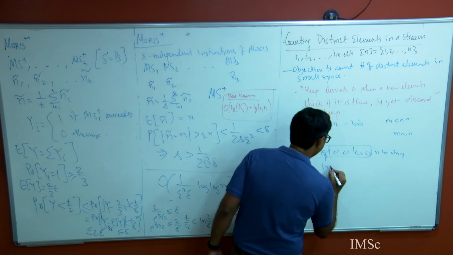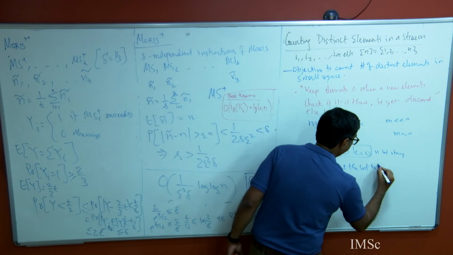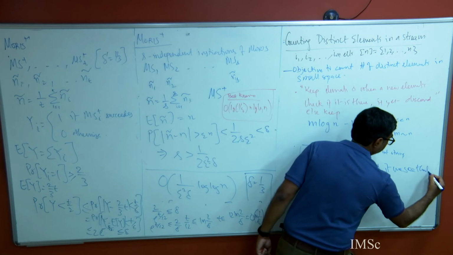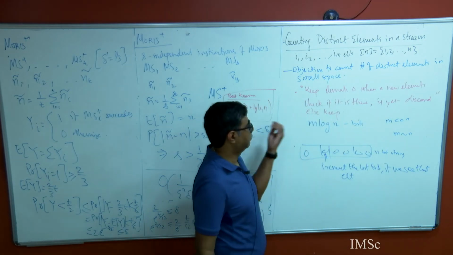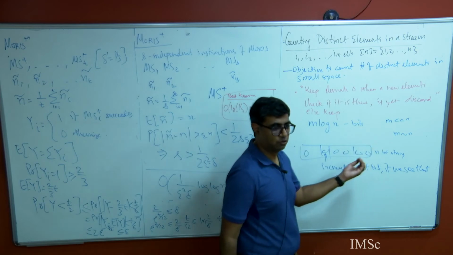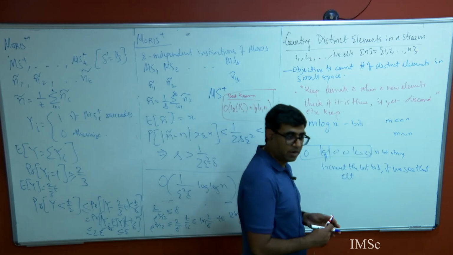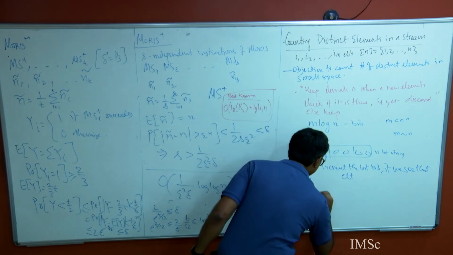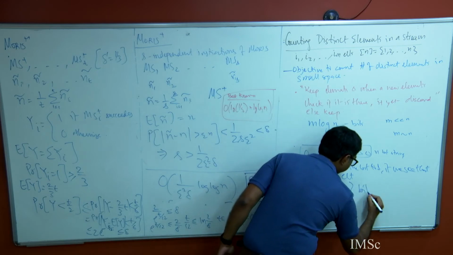You increment the bit to 1 if we see that element, and you just increment once because we are only interested in the number of distinct elements. So the number of bits that we will store is n. So it appears that we can achieve the minimum of m log n and n bits.